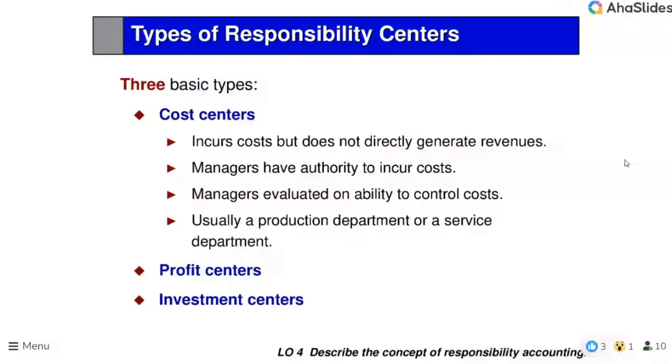That is, in this cost center, the manager incurs cost and has nothing to do with generating revenue, has the authority to incur these costs, and therefore should be evaluated only on his or her ability to control them. Okay? That's what a cost center is.